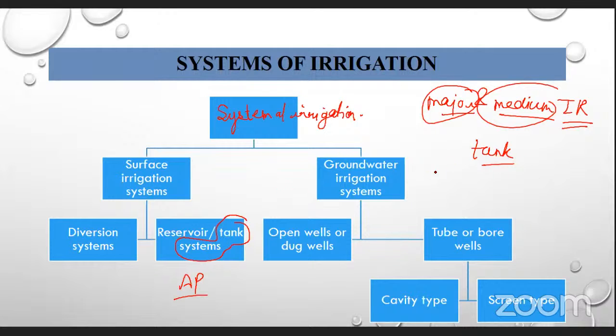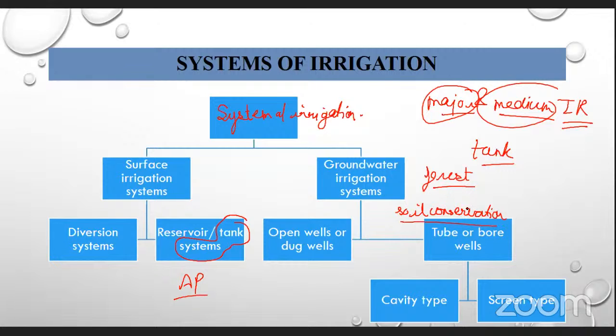If we destroy the forest, then soil conservation will not be there. If forest is not there, in short the trees will not be there, and you know that trees are used for binding the soil.